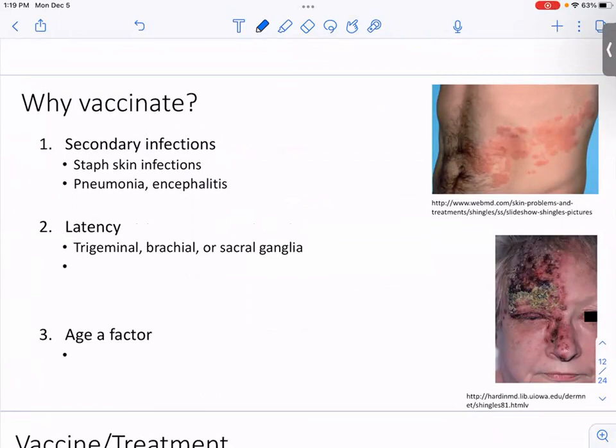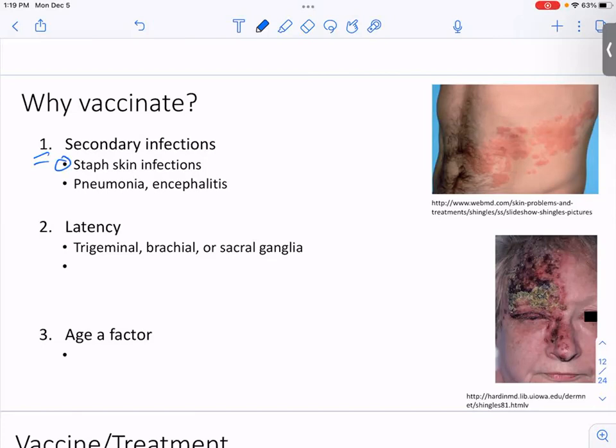A better reason is that there are secondary infections that can potentially happen. When somebody's itching that rash, the scabs, it's really easy to pick off those scabs before they're ready to come off, and it will bleed a little bit. So that's a good portal of entry for some secondary skin infections, like some kind of staph skin infection.